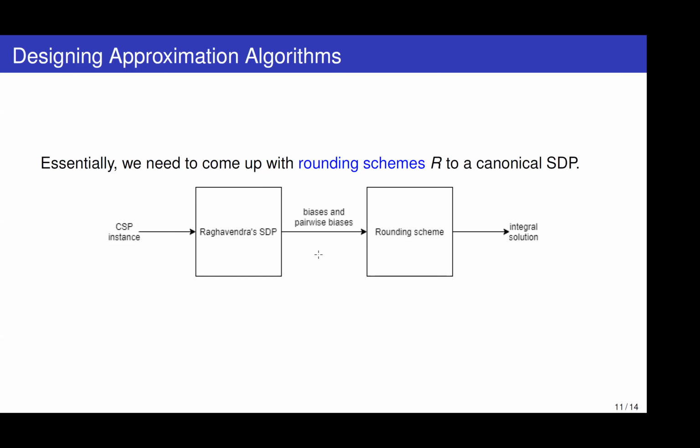The first step of the algorithm is to solve this SDP on the given CSP instance. The SDP will produce a set of biases and pairwise biases. What we need to do is to come up with rounding schemes that take these biases and pairwise biases as input and output an integral solution to the original CSP instance. So we need to understand what kind of biases and pairwise biases were given.